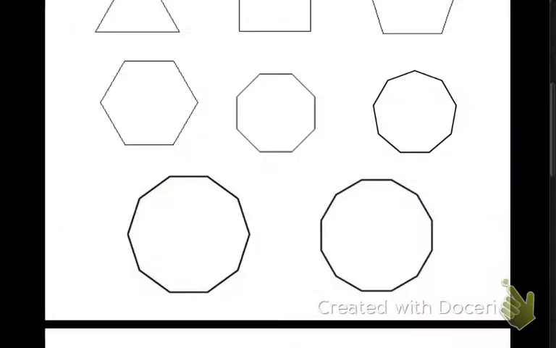Okay, so I can do this for any of these. I'm not going to go through all of that, but I'm going to identify the radius of this hexagon. The central angle is 60 degrees. That would be the apothem. What type of triangle gets created right there?